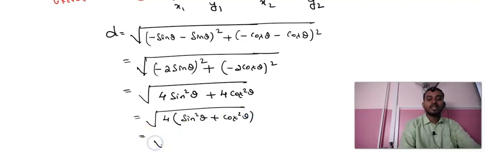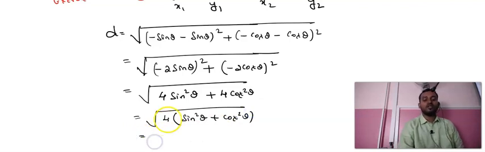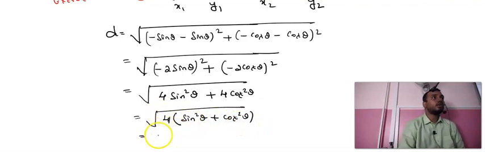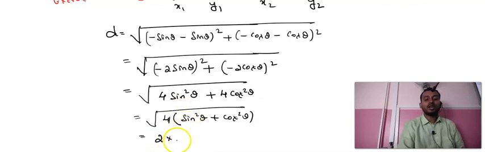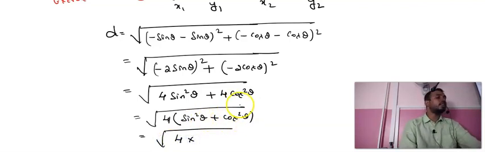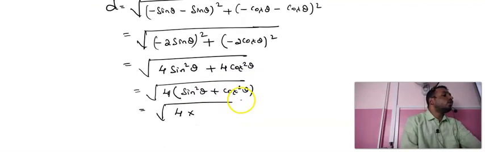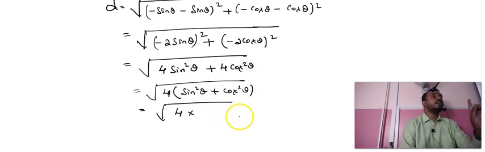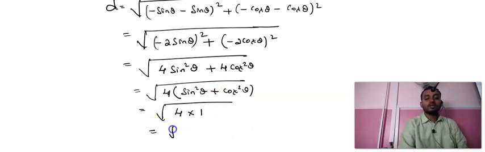What is sin square theta plus cos square theta? It's the standard identity. We know that sin square theta plus cos square theta is 1. So root of 4 into 1 is root of 4. What is square root of 4? 2. This is the final answer.